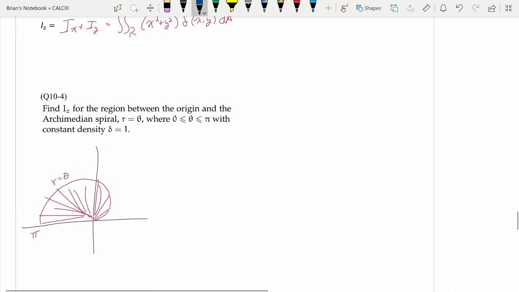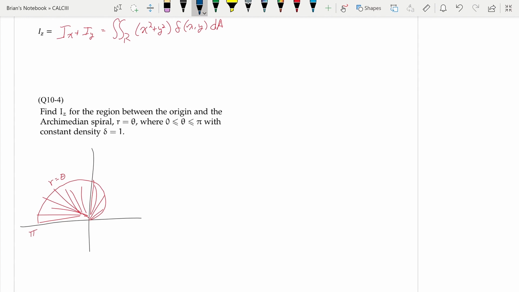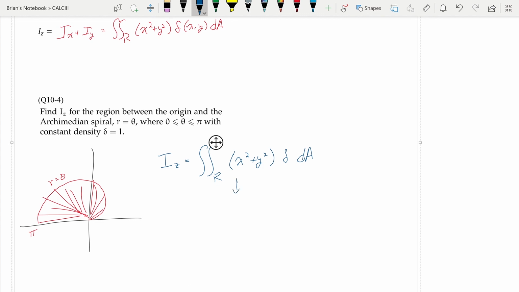It seems a little tricky because it's in polar, but really it's pretty simple. Iz is equal to, let's use the integral term, x squared plus y squared times the density, and I'm just not going to write the dA. Okay, and we can kick this into polar pretty quickly and easily, as long as we remember the specifics.